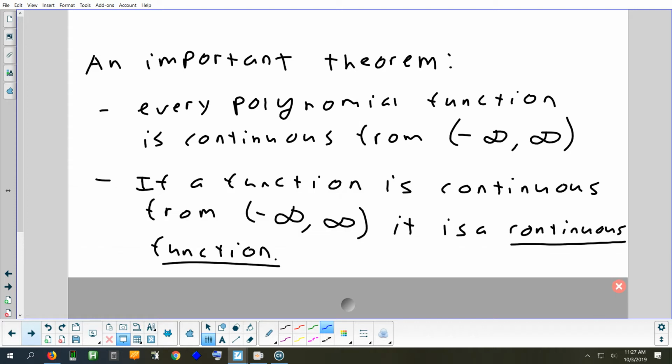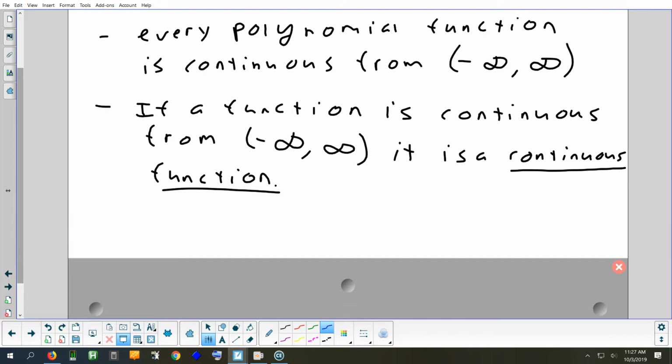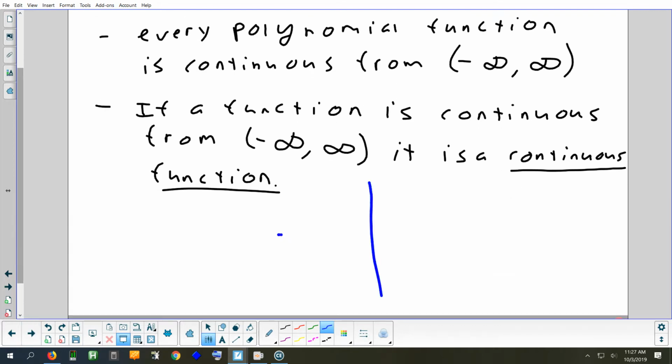If you can trace anywhere, no matter where you trace, and it's always continuous, that's called a continuous function. Okay, so a continuous function is a function that you can trace anywhere without lifting your pencil. Now, if I draw a picture of the first graph we had, it looks something like this.